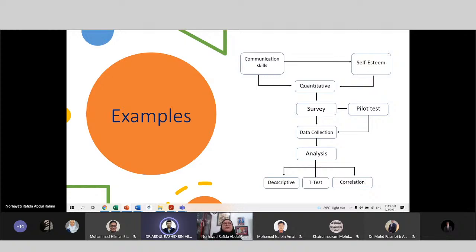CFA, we can have first order CFA or second order CFA. First order, we look at each construct. For example, stress has 5 sub-constructs. So in the second order, we want to see how the 5 can actually measure stress.